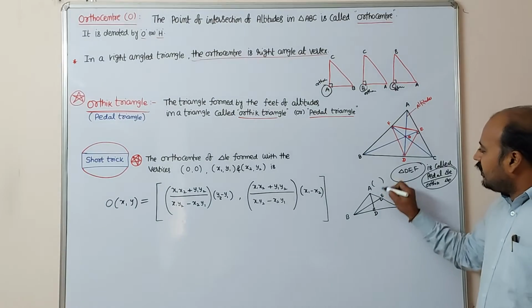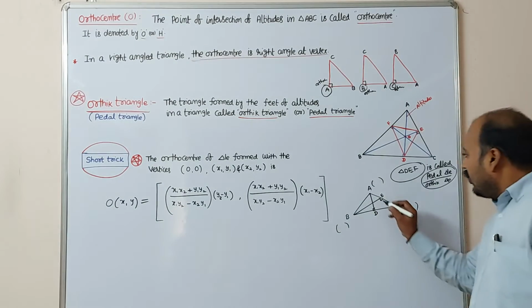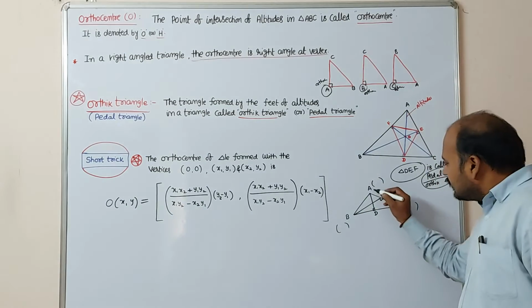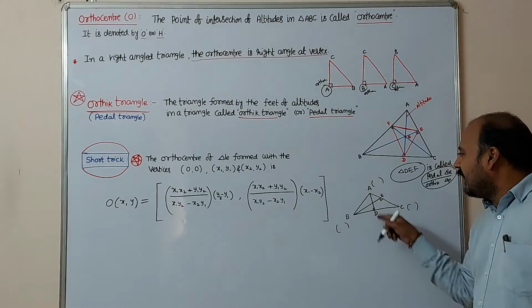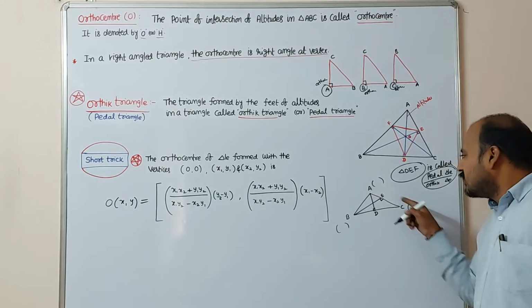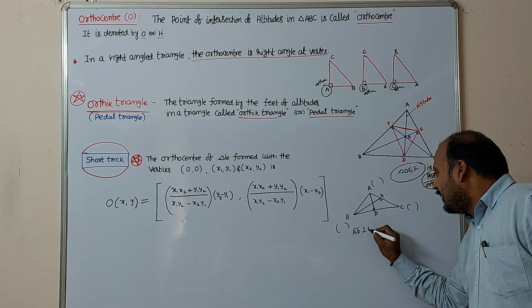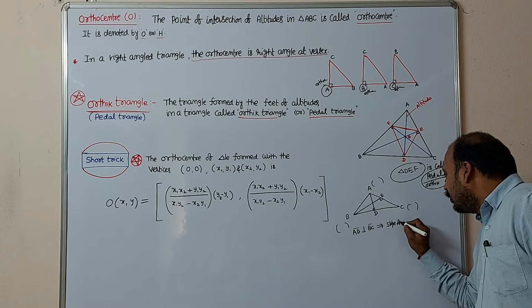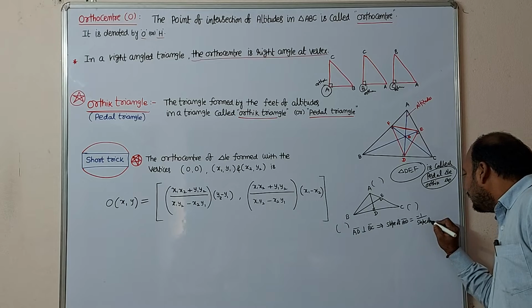A, B and C points they will give. Altitudes are always perpendicular, no? So I want the slope of AD. AD is perpendicular to BC, so the slope of AD is equal to minus 1 by the slope of BC.